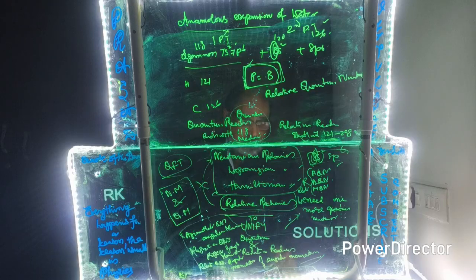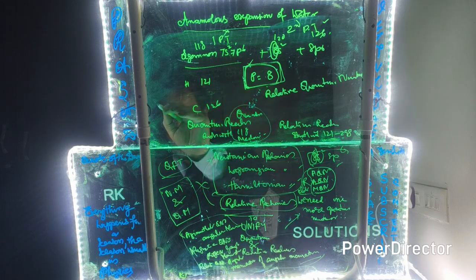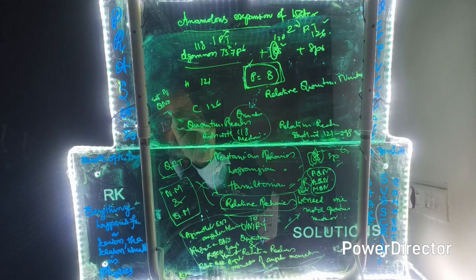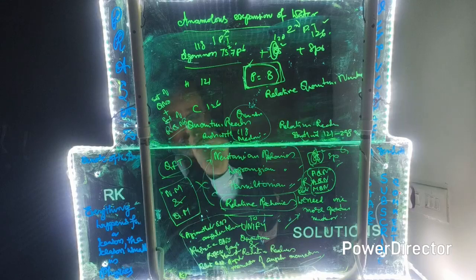So a combination of these will have to be defined, meaning we need to define a set of quantum numbers plus a set of relative quantum numbers. We need to define the whole system.